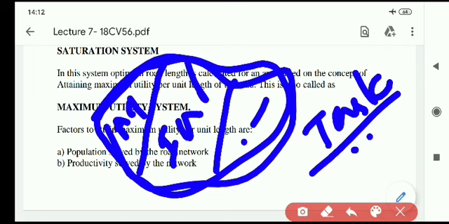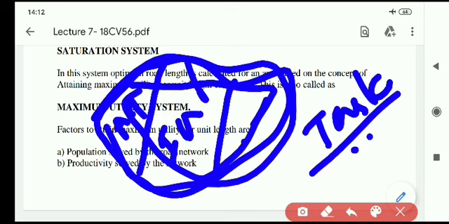How to choose the best proposal? The best proposal is chosen with the concept of maximum utility per unit length of the road. Ultimately we need to give the road network inside the area. Whenever we give the road network, that road should be used by the vehicles and the people, whether for agricultural purposes or for industrial purposes.